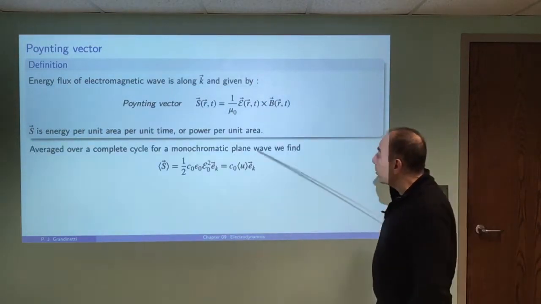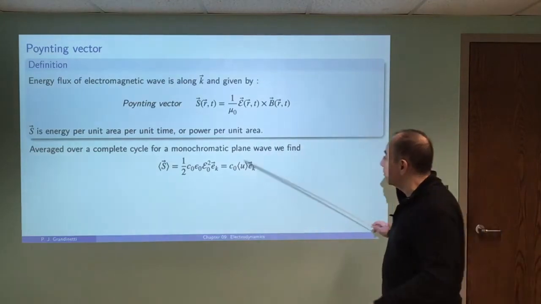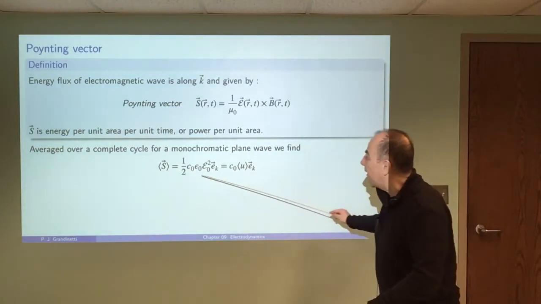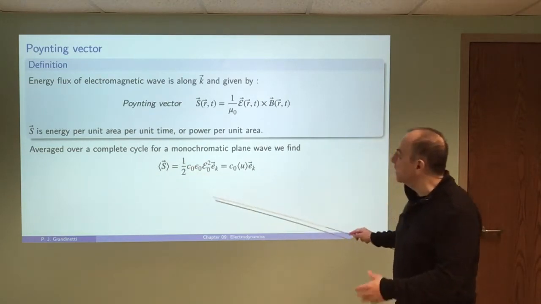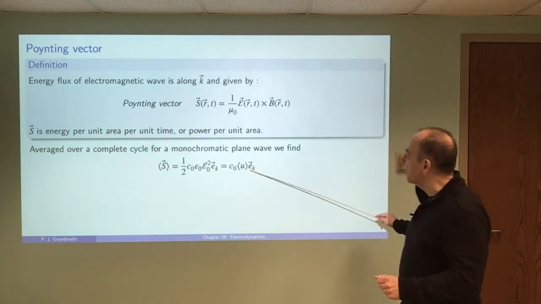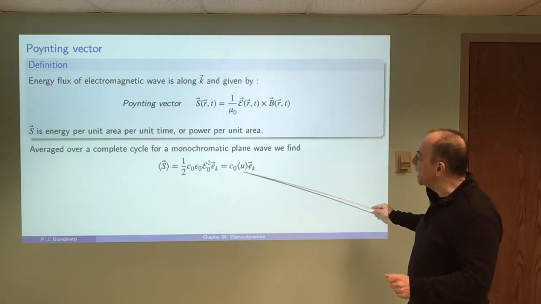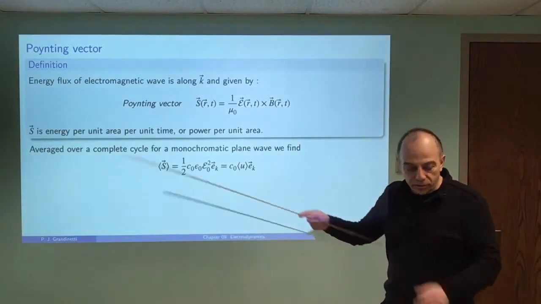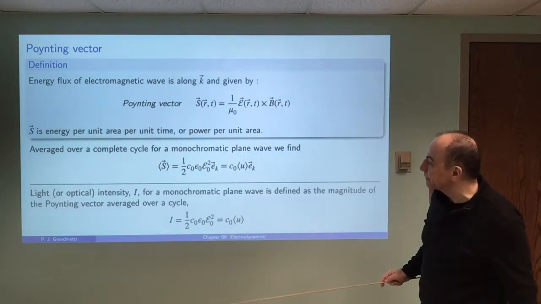Now, for a monochromatic plane wave, we can take our previous arguments and use those to find that, averaged over one cycle, the average Poynting vector is going to be just c naught times the energy density times the unit vector along the direction in which the wave is propagating.